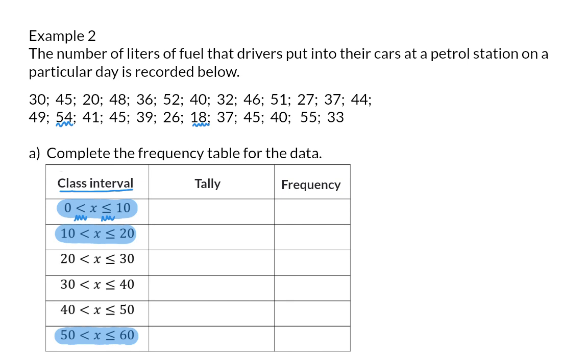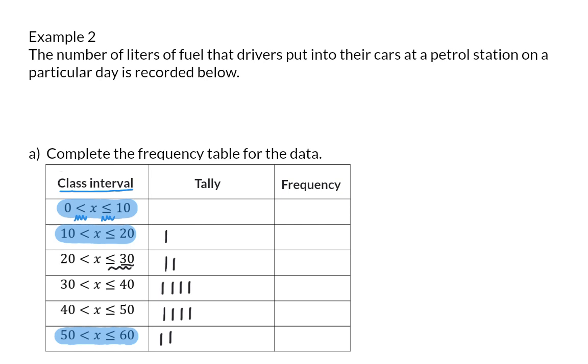This frequency table will be completed by placing every data value into the correct class interval. Our first value is 30, and 30 is part of the third class interval, where I will go and make my first dash. Next up we have 45, which is in the second last class interval, and next up we have 20 falling in the second class.